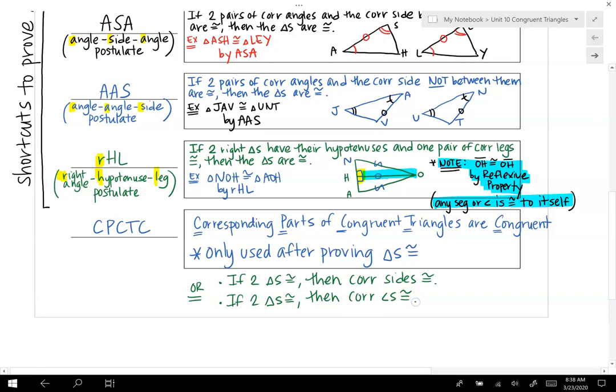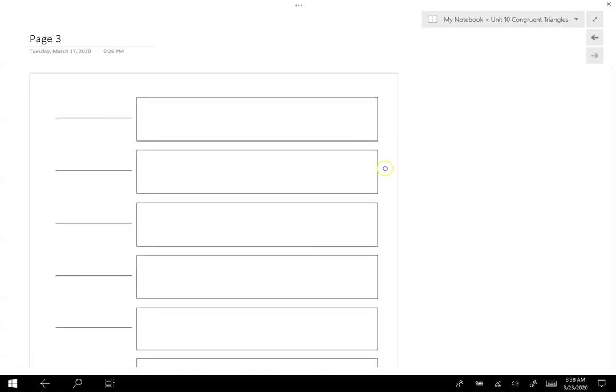Instead, if you don't want to write CPCTC, that's fine. I actually like writing out the statements more, but if I'm in a hurry, I write CPCTC. So up to you. I will understand all of that. All right? When you're done writing that, just flip to the next page. We're just going to write about the radii here.